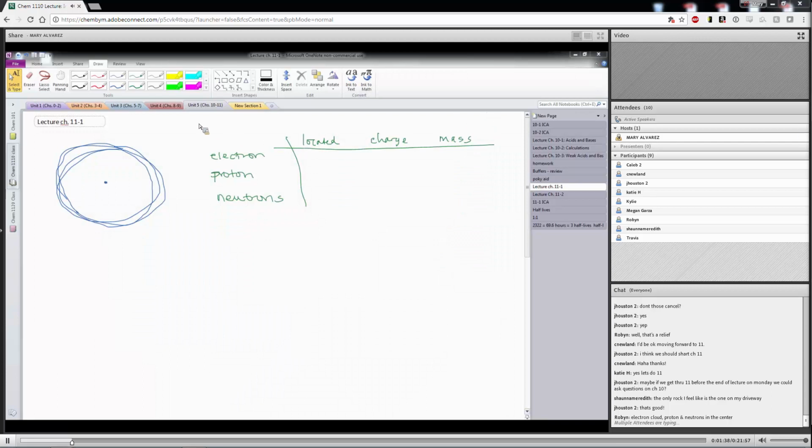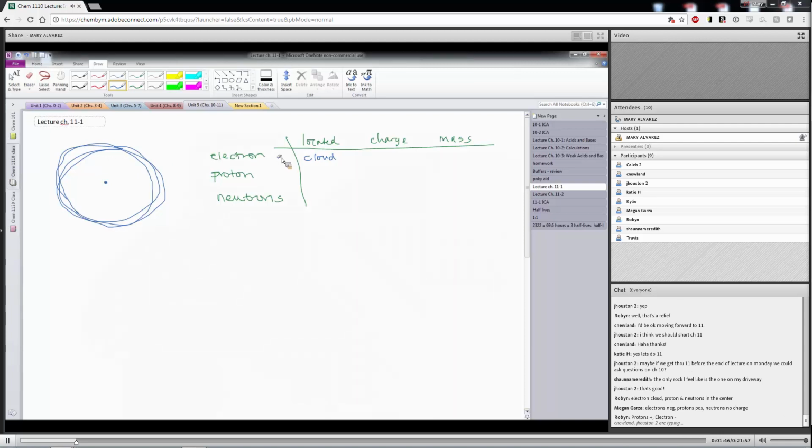Excellent, excellent. The electron is in that electron cloud. So we're going to call this little E minus for electron. So this is where your E minuses are. Okay, and the proton and the neutron are in the nucleus in the center.